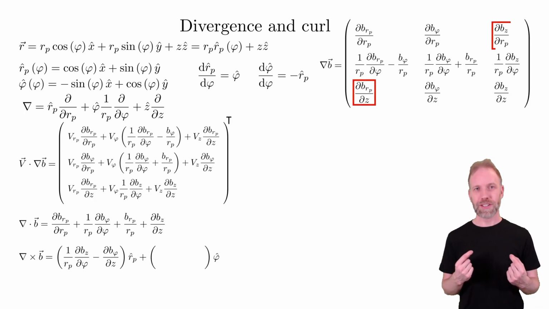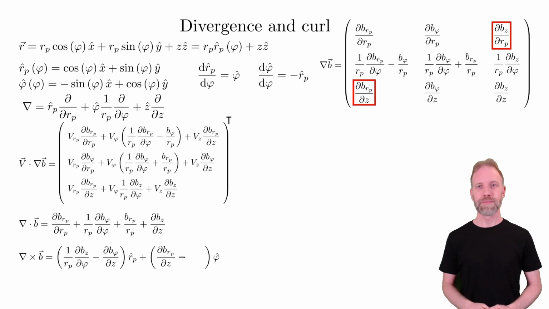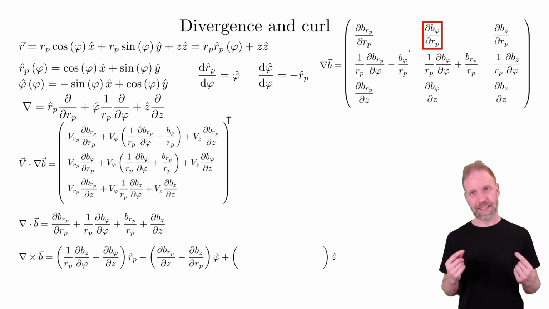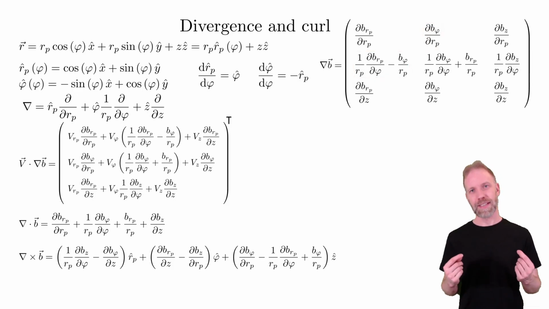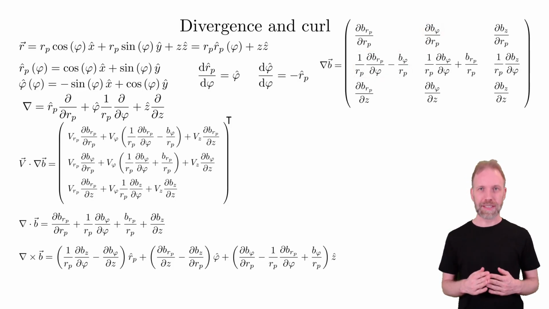These give the phi hat contribution. And these the z hat contribution. Hence, once we have derived the vector gradient, we basically get the directional derivative, the divergence, and the curl.